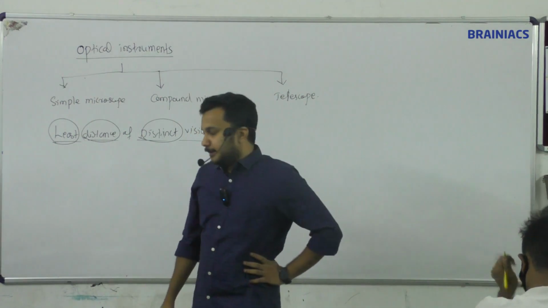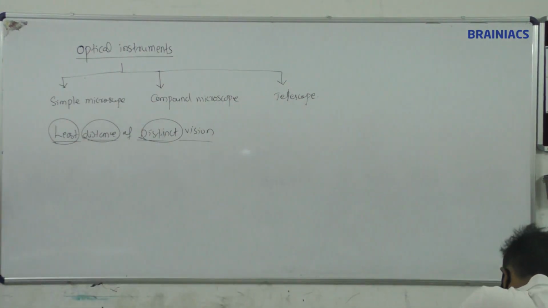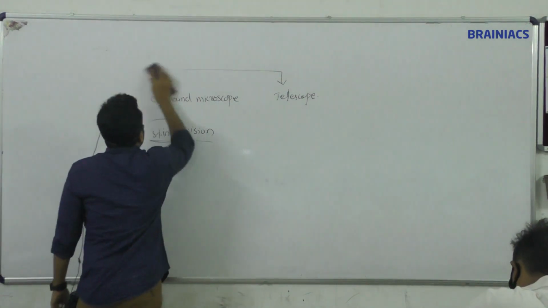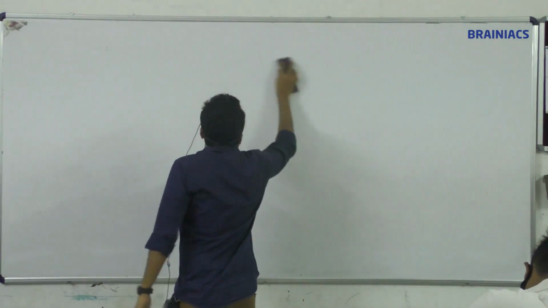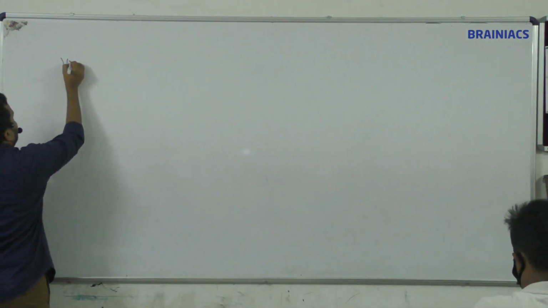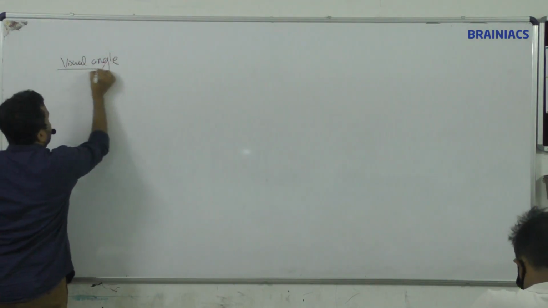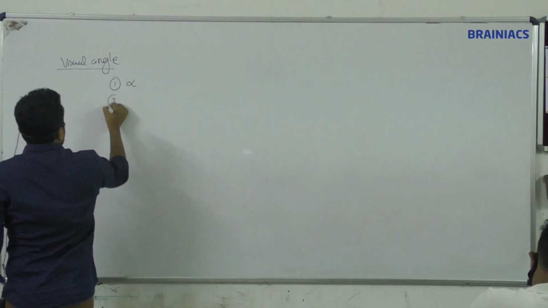Next heading, visual angle. We are going to study two visual angles. So we'll write visual angle, two types. The first angle is called alpha. The second one is called beta.